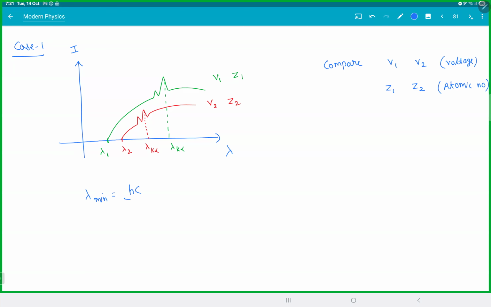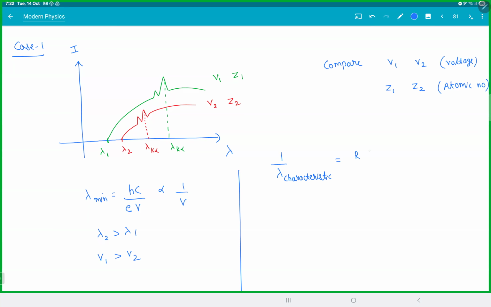Lambda minimum is hc by e into voltage, so this is proportional to 1 by voltage. You can clearly see lambda 2 is greater than lambda 1. Therefore, V1 is greater than V2. You can remember it like this also: if you have a high voltage, you get more energy, so less wavelength, isn't it? So you can clearly see lambda 1 has more energetic photons. Great. For the second one, the spikes are the characteristic spectrum. That formula is 1 by lambda characteristic. So be careful, don't mix up both the lambdas.